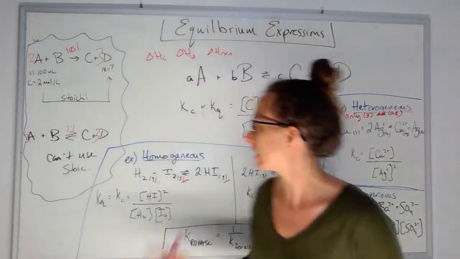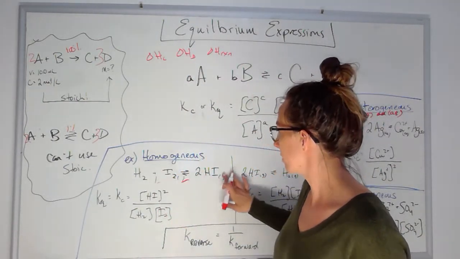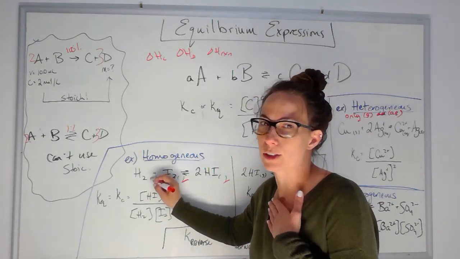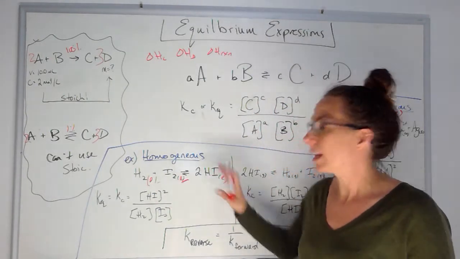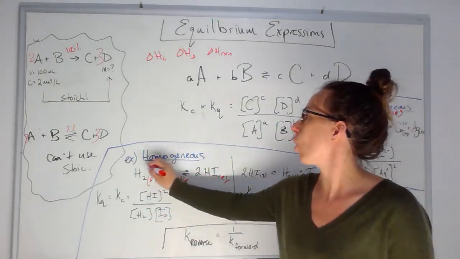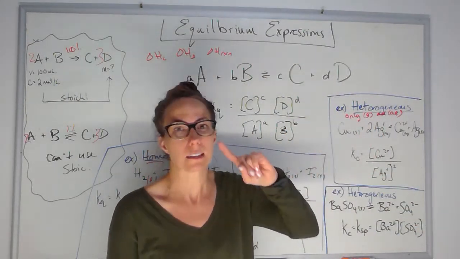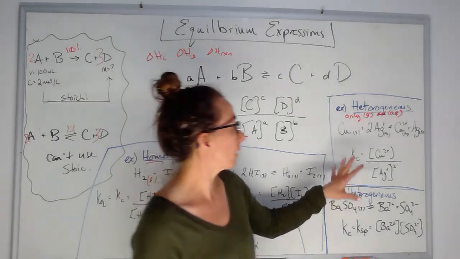So that's different because here they're all gas, I include them all. Or even if they were all liquids, liquid, liquid, liquid, I would still put them all in. So homo, all the same, put them all in. But as soon as they're different, some of them don't get put in. So only the gases and aqueous get put in.